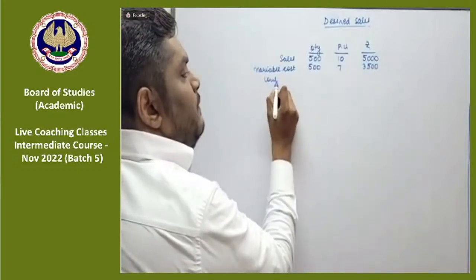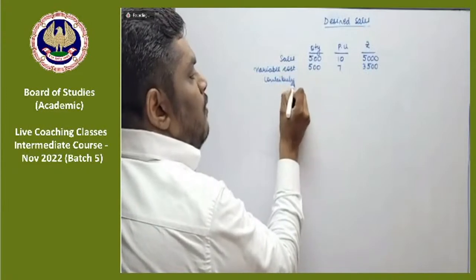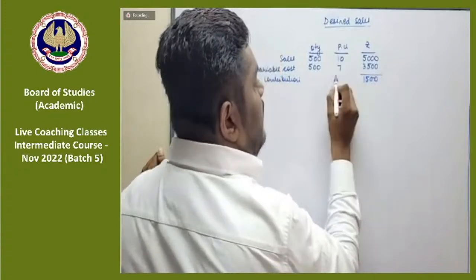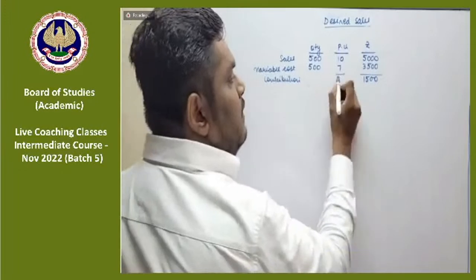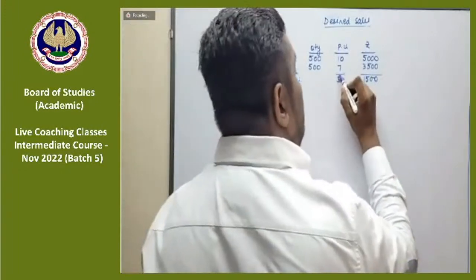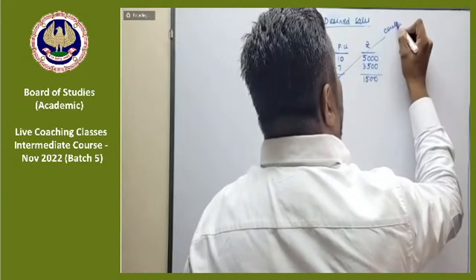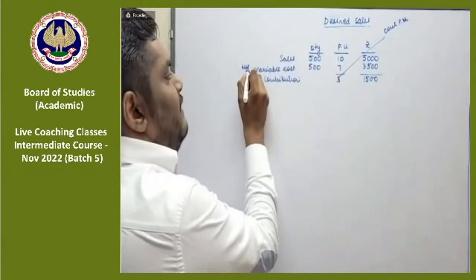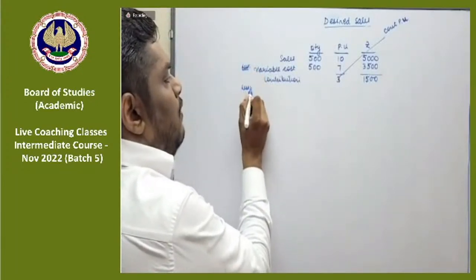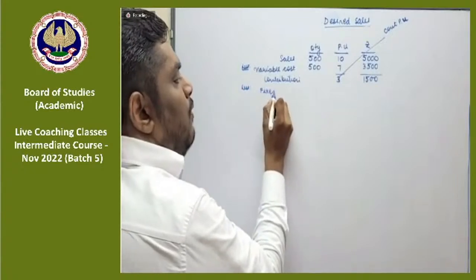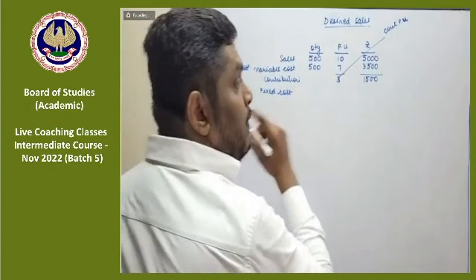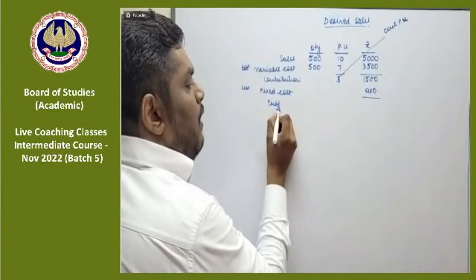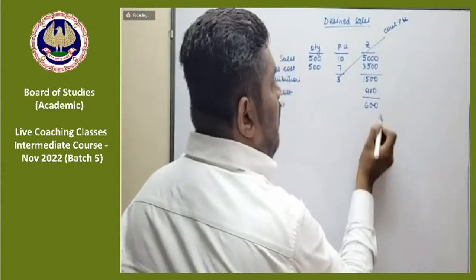So my per unit contribution will be rupees 3. Less, we will deduct the fixed cost. Let's say my fixed cost is 900. So my profit will be 600.